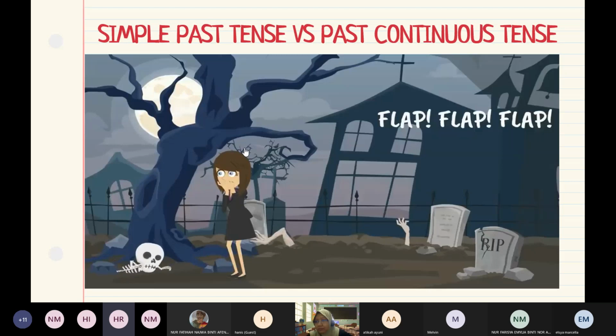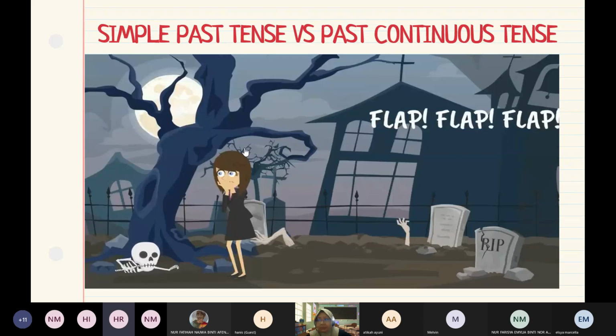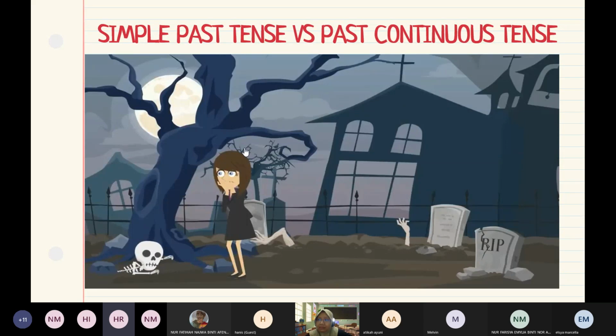When Alyssa was hiding, the footsteps stopped. Maybe she lost him. Just then, Alyssa remembered there's a 24-hour convenience store nearby.